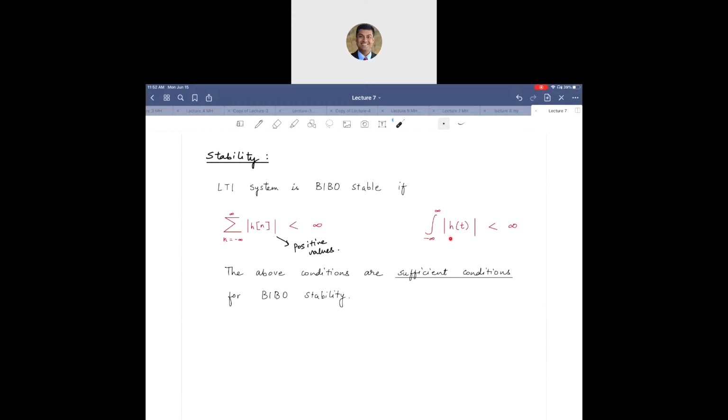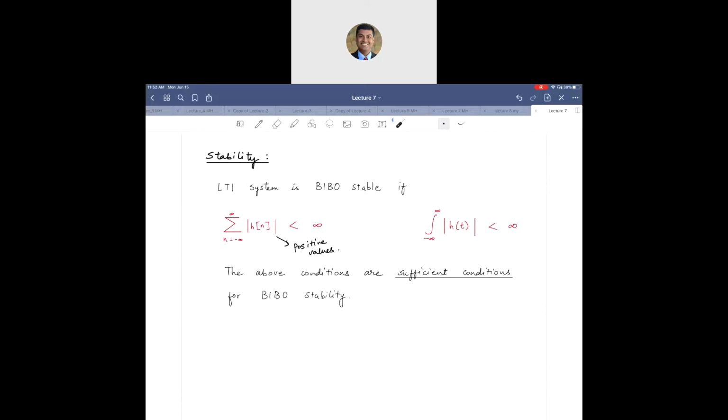Similarly, for continuous time systems, you can say if you take h of t, the impulse response of the LTI system, take the absolute of that, which means that you have flipped all the negative parts to the positive side, and you integrate for all time. And if you get that to be a finite result, less than infinity, then you can say that it is a bounded input, bounded output stable system.